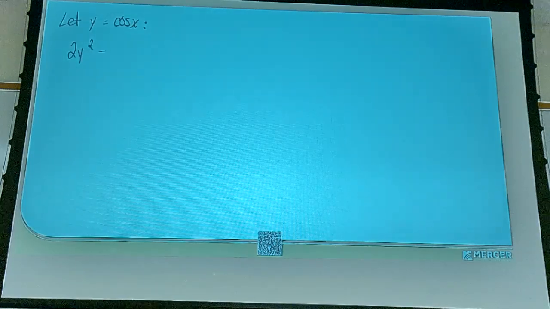We have 2y squared plus y minus 1 equals 0. Which can be factored.